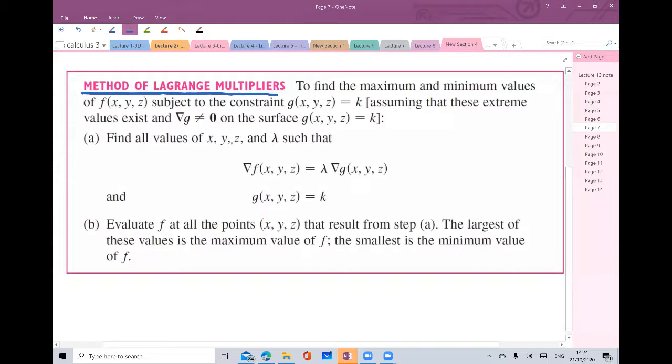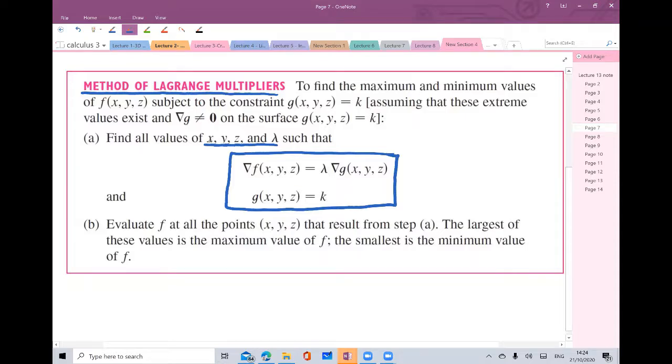All I have to do is find or solve for the values x, y, and lambda such that these equations are satisfied: the gradient of the function is a scalar multiple of the gradient of the constraint, and in addition the constraint equation g of x, y, z equals b.